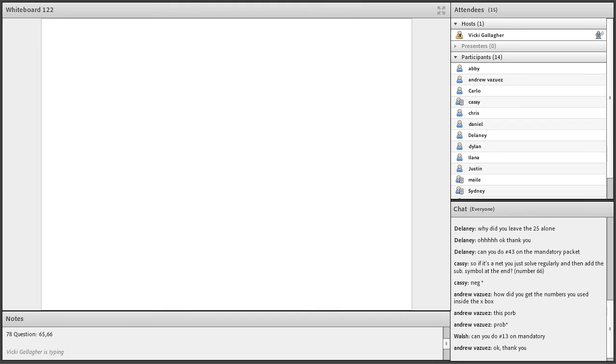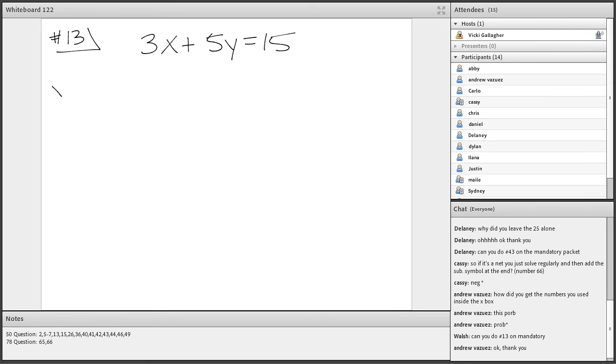All right, going back to number 13. And this one wants to know what the x-intercept is. So anytime you want to find an x-intercept, you want to remember that the ordered pair for an x-intercept is x comma 0, which means that the letter y is the number 0.